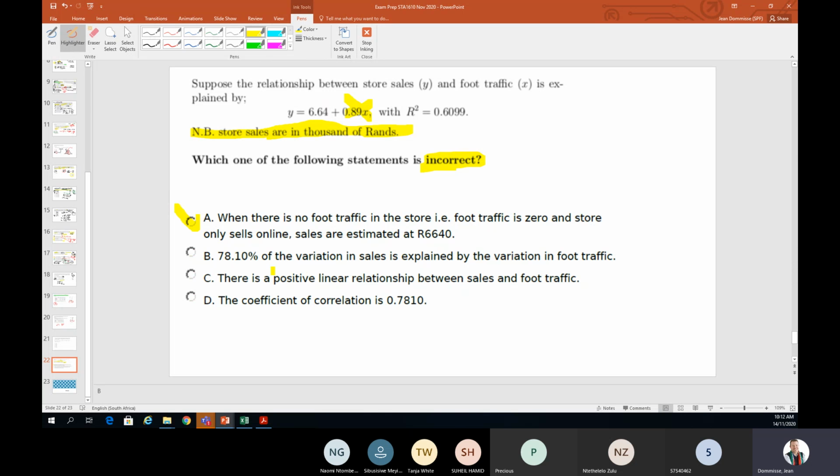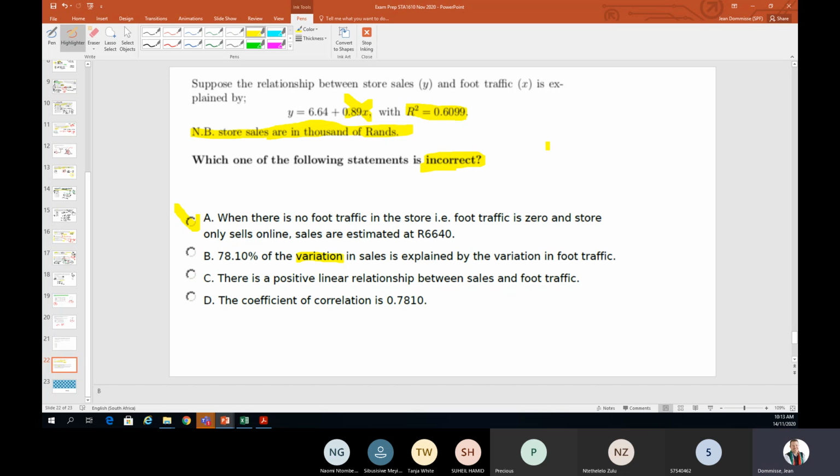78% of the variation in sales is explained by the variation in foot traffic. Okay, so the variation should be 0.6099.